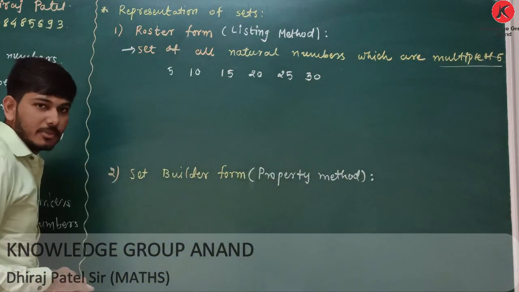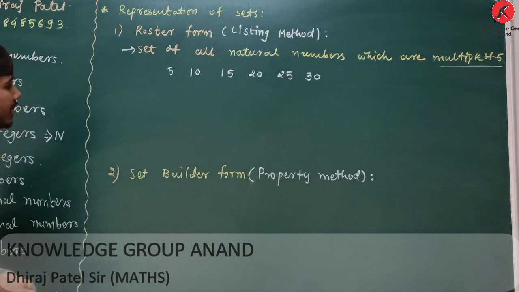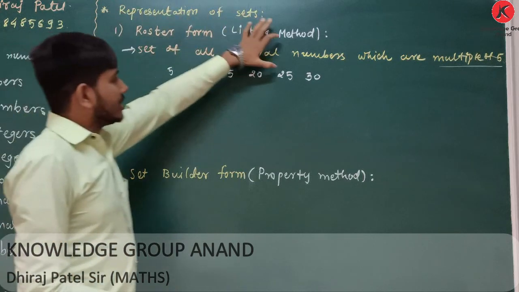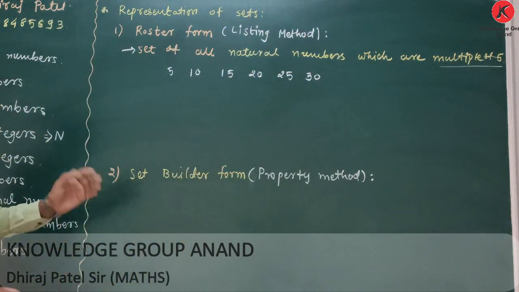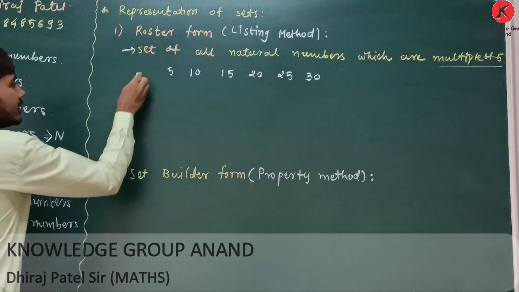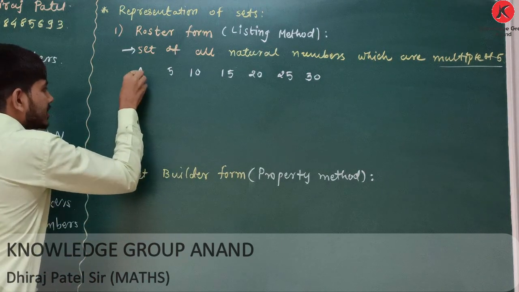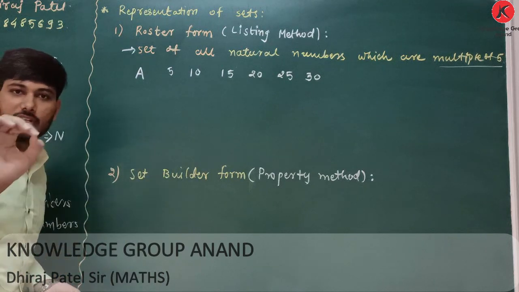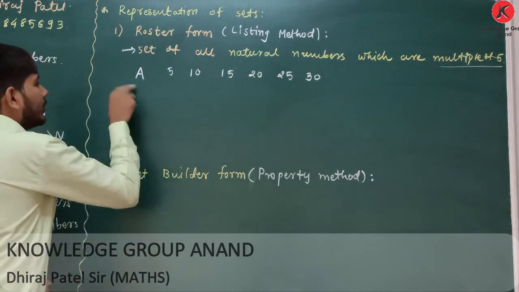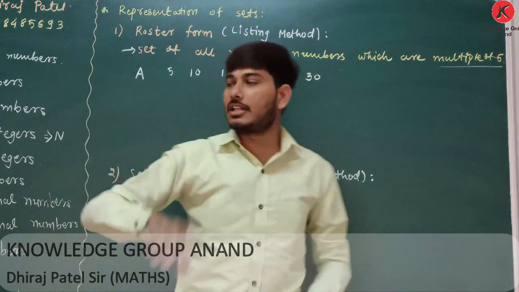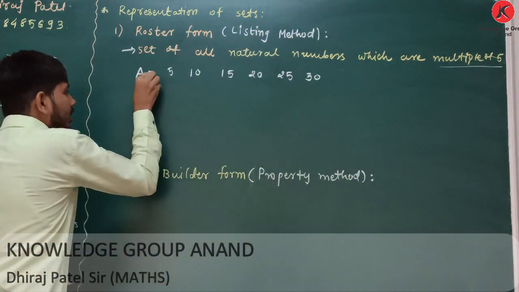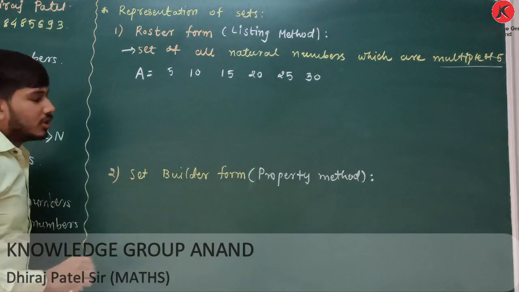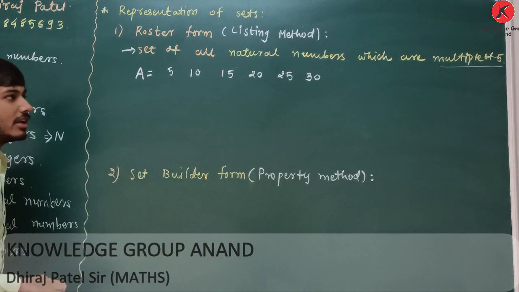Now see here. We have to write this in roster form. Therefore, first of all, we give a symbol or name for this set. I am considering the name of this set as A. Therefore, A equals to.